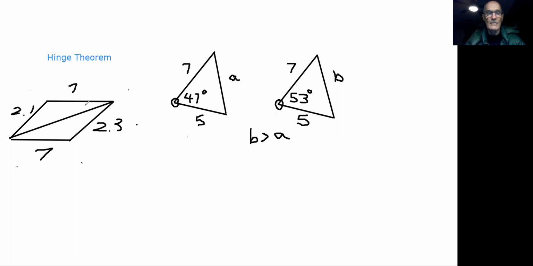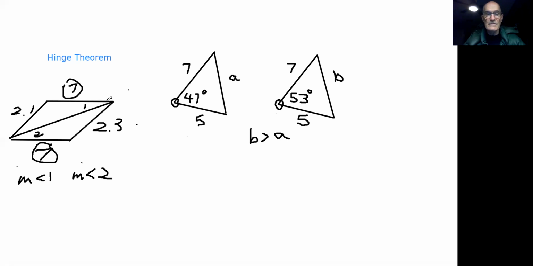Now, if we call this angle 1 here and this angle 2 here, the question is, what's the relationship between the measure of angle 1 and the measure of angle 2? And once again, you see you've got a hinge situation. You've got one pair of congruent sides here with your 7 here and your 7 down here. And then your other pair of congruent sides is this reflexive side right down the middle here.